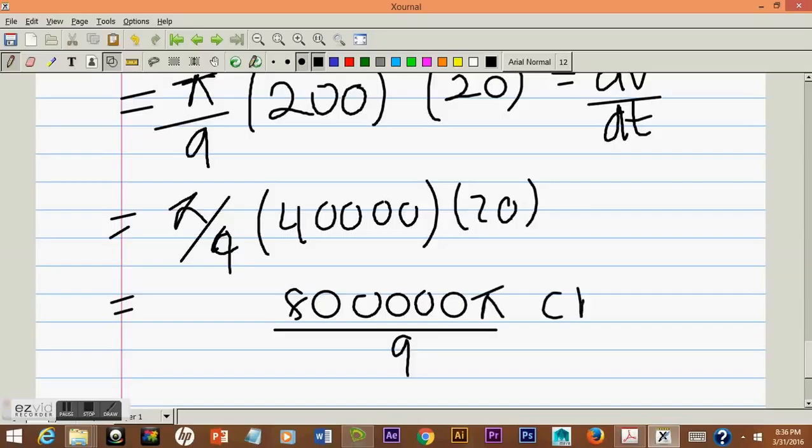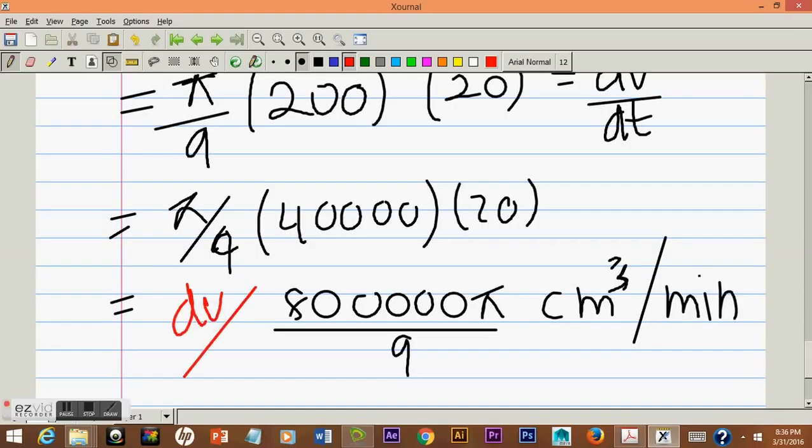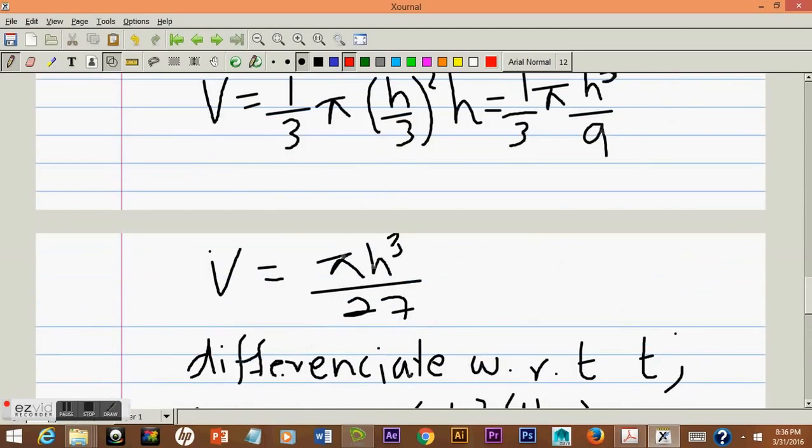So this is our dV/dt. This is in centimeter cubed per minute. This is one of the rates, that is dV/dt. So we had 3 rates, and we found 1 rate. We are very close to the answer now. Then I need to explain the real theory behind that, so we are going to move to the next part.